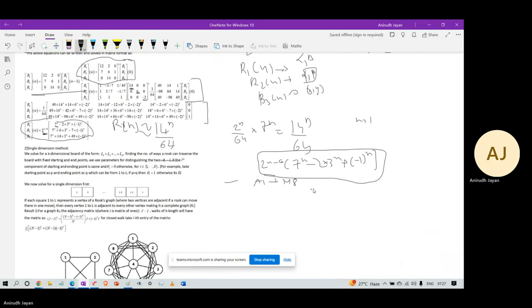You get 7 minus 6 minus 1, which is 0. Let's put n equal to 2.